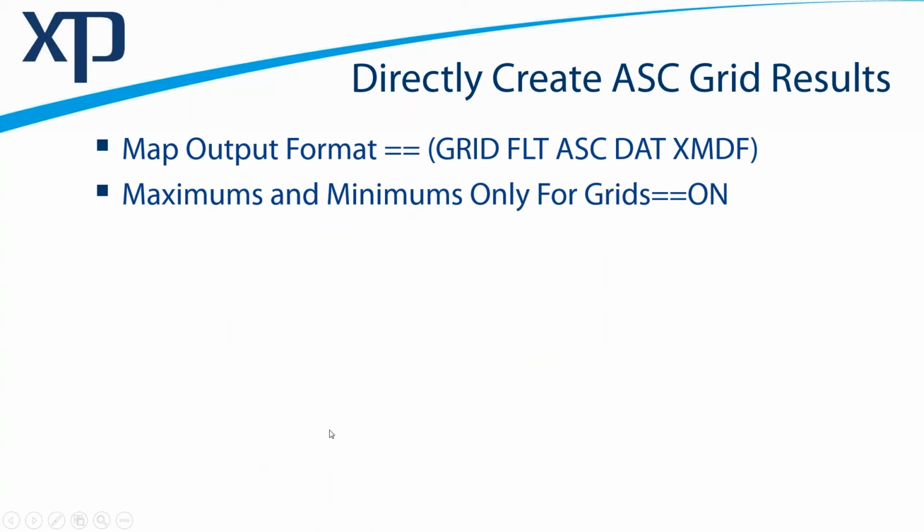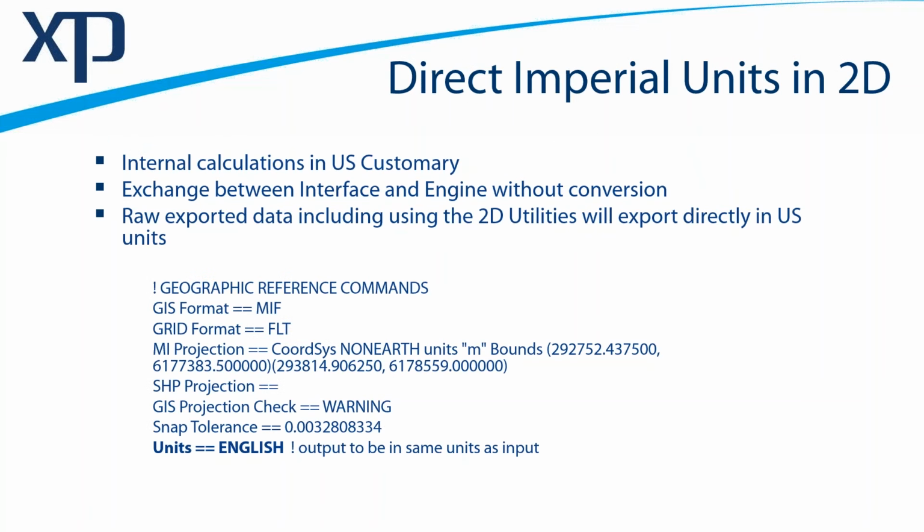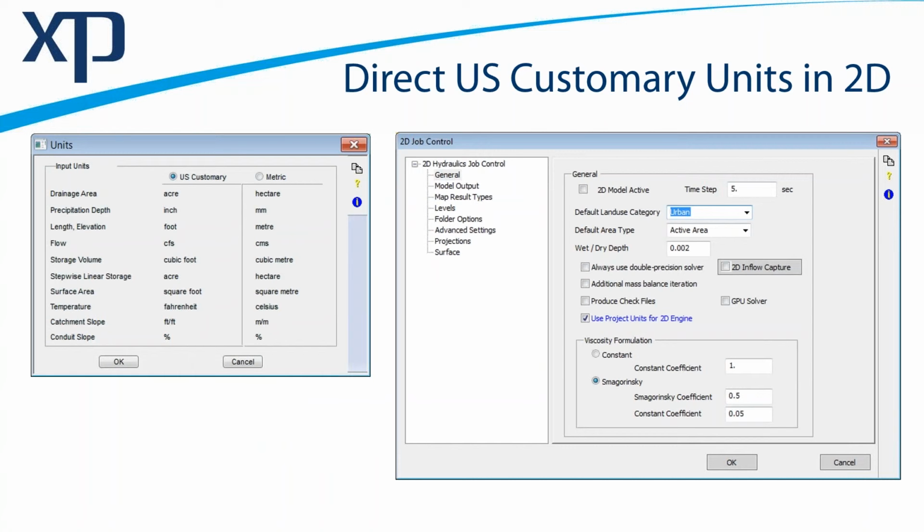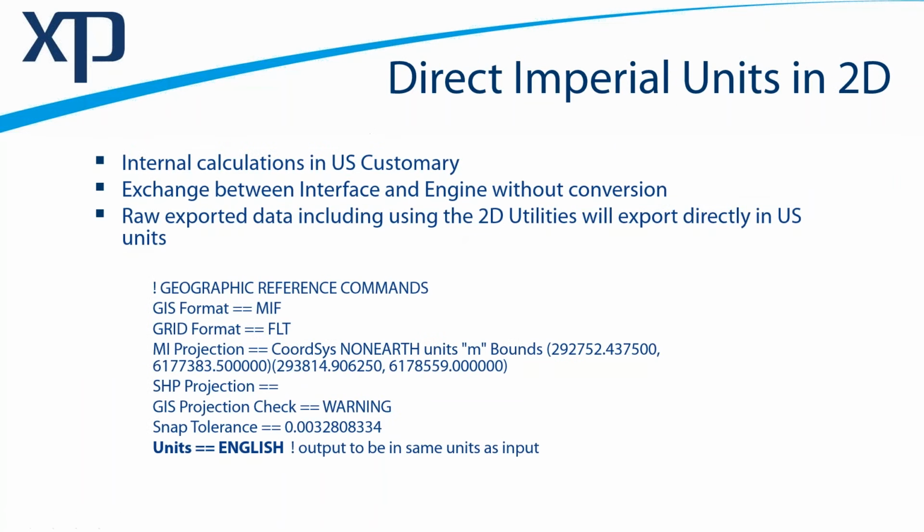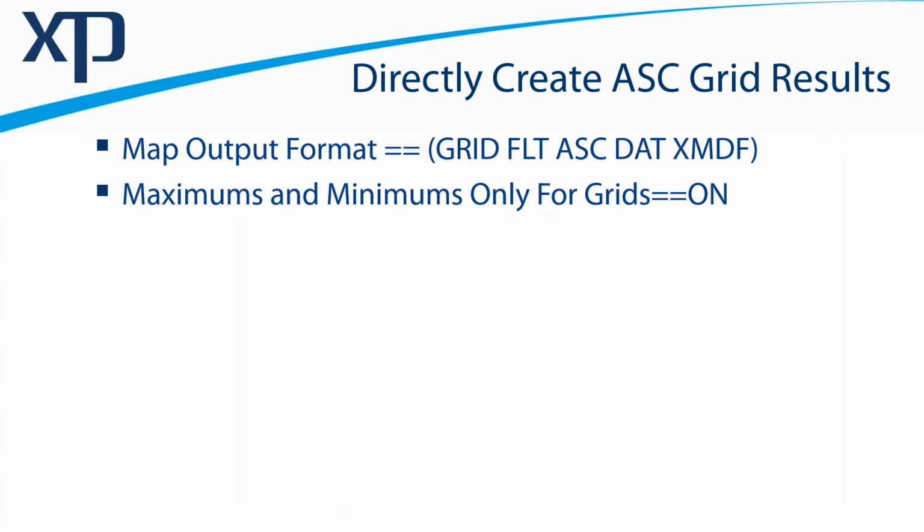I've paired with this discussion another one about directly creating ASCII grid results. Let me just back up my slides a little bit. There's a section in the 2D job control called Advanced Settings. These advanced settings include the ability to enter specific commands, and the ones that I think would be of interest to you are that you can create your map output in one or several different types.